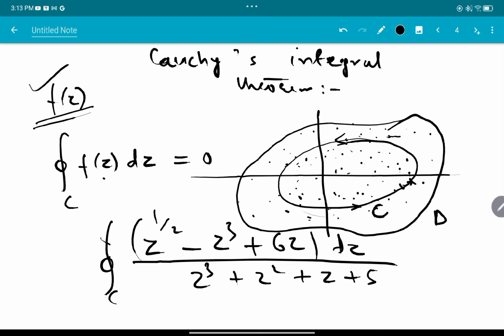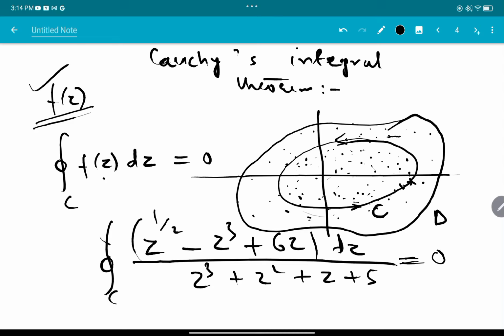If you ensure that this f(z) is continuous, analytic at every point of this curve and at every point inside the curve in this region, then this will be 0. You need not even give a second thought to the complexity of this, not at all, provided you fulfill these conditions.